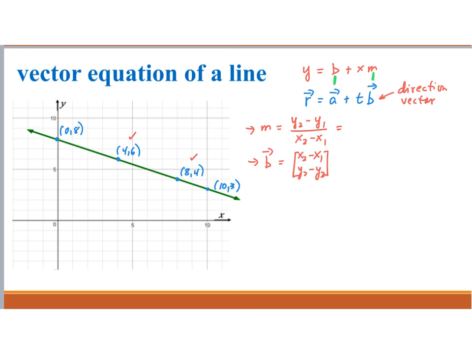So the slope would be 4 minus 6 over 8 minus 4, which is your negative 2 over 4, or negative 1/2.